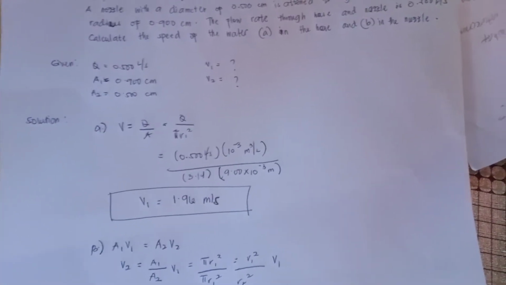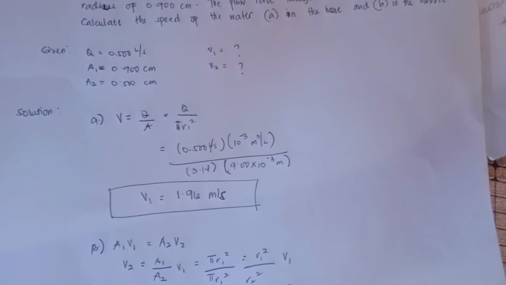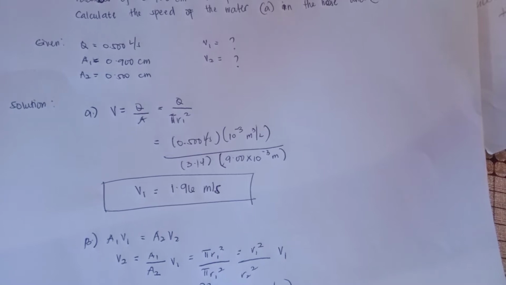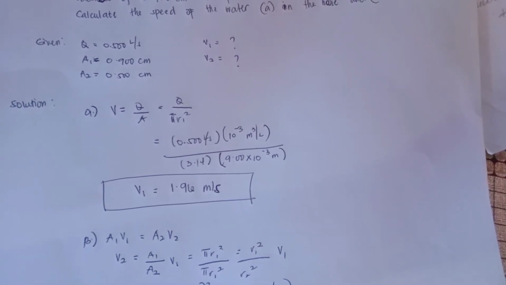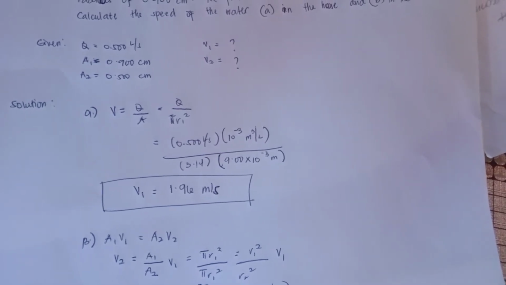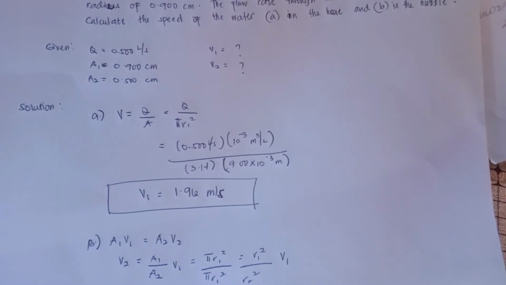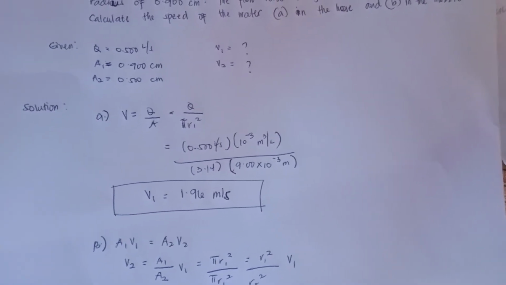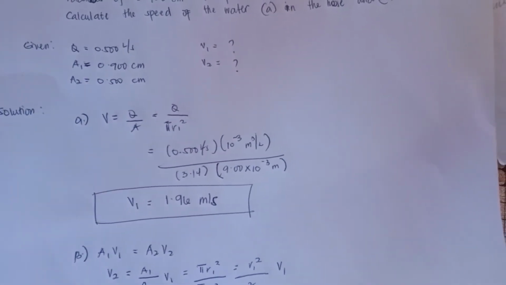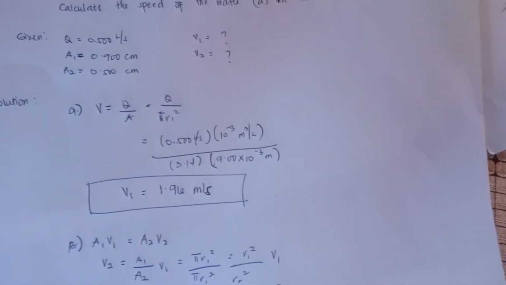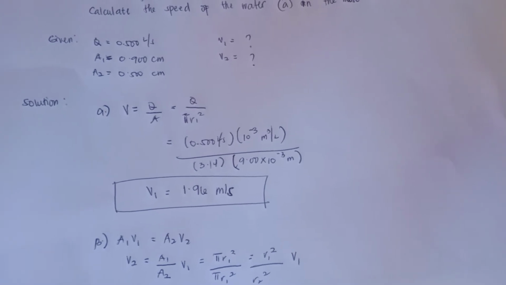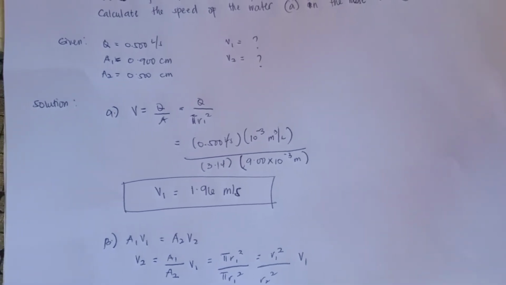So that is 0.500 L over S times 10 to the negative 3 meter cube over L, over 3.14 times 10 to the negative 3 meter squared. Substituting these, we get the final answer V1 equals 1.96 meters per second.